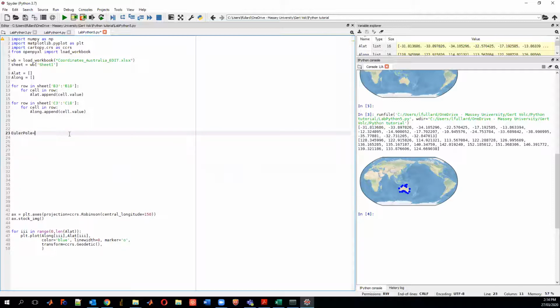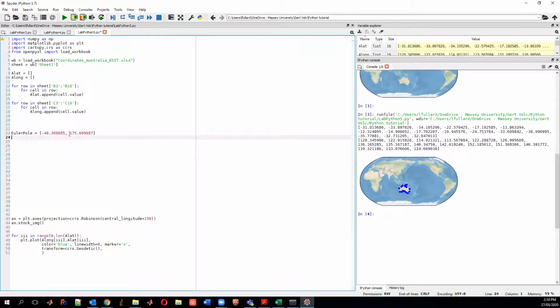I'm defining this Euler pole to be the latitude negative 40.360685 and longitude 175.609987. Some of you may recognize that point on the Earth. And I want to rotate these points, the points in Australia that are encircling Australia, around this Euler pole 180 degrees.